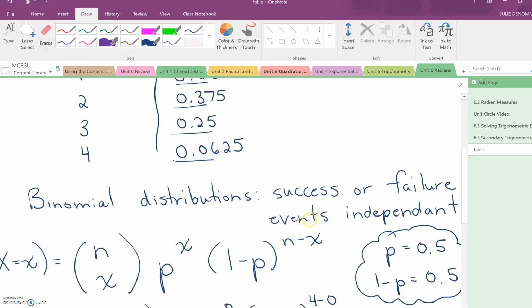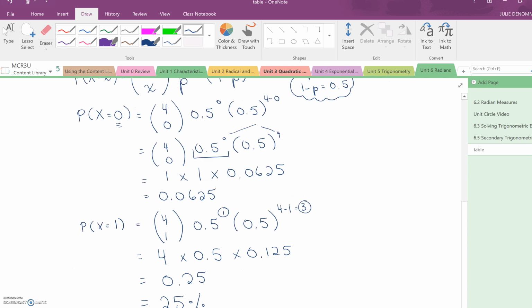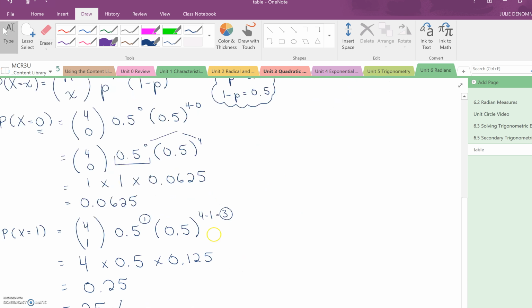Now, in the solutions, they do it in fractions as well. I'll do one of them in fractions, so it's not too difficult for you. So here we have x equals 0. Remembering that 4 choose 0 is equal to 1. 0.5 is 1 over 2 to the power of 0, and then another 0.5 is 1 over 2 to the power of 4.